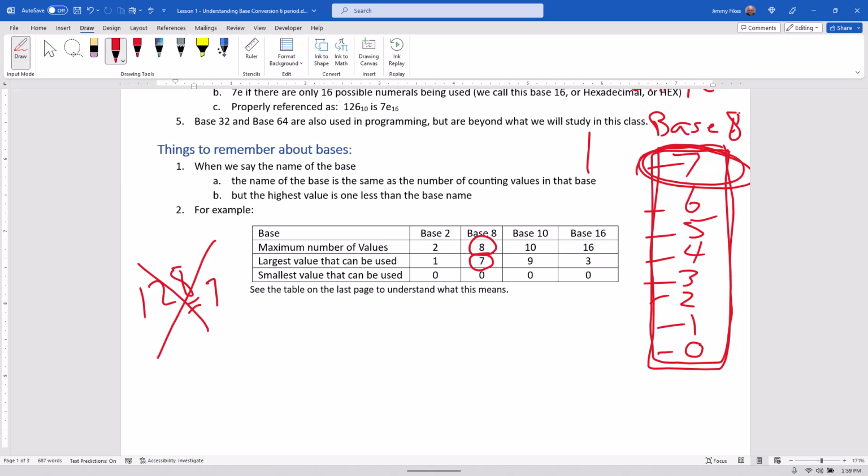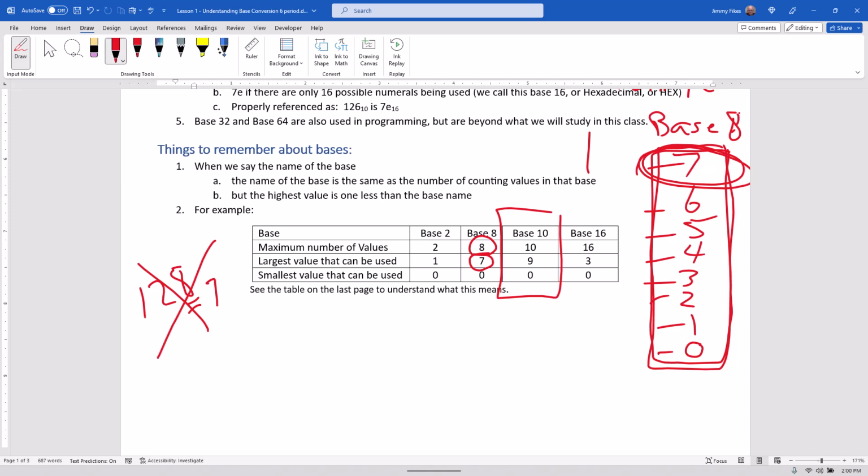It even works that way in base 10. So look at base 10 right here. Remember, when you say the name of the base, you're saying the number of counting values. So how many counting values are there available to be used in base 10? 10.